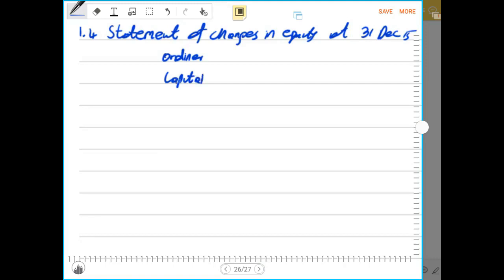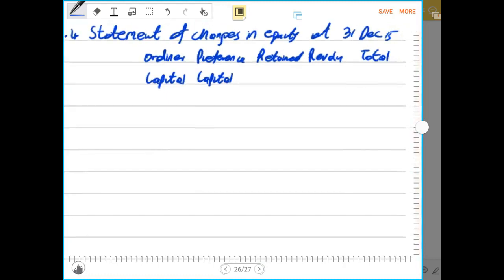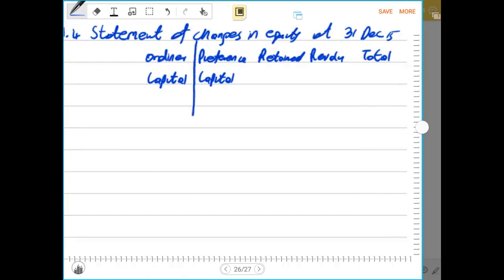Please write ordinary stated capital; I'm just saving space here. Then we have preference capital. Then we have retained earnings. Then we have revaluation. Then we get to our total column. I'm just writing this in short because of space.